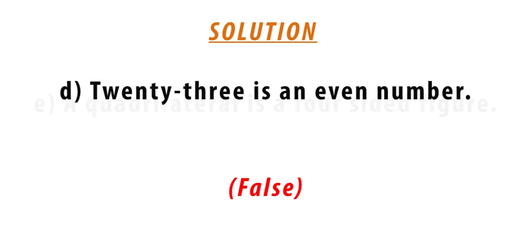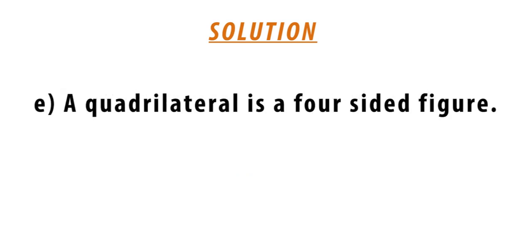E. A quadrilateral is a four-sided figure. This statement is true. All quadrilaterals have four sides. For example, the square, the rectangle, the parallelogram, and so on. They all have four sides.